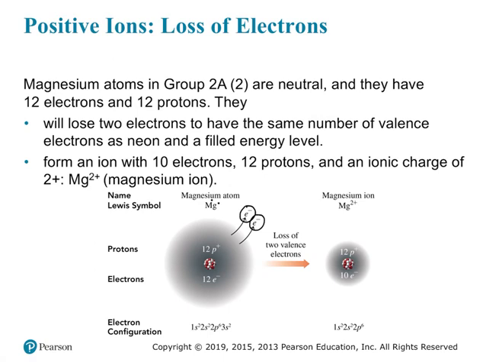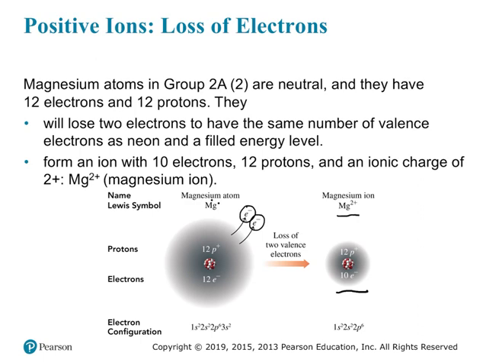And when it loses those 2 valence electrons, it ends up with only 10 electrons. But magnesium still has 12 protons, so its charge will be 2 plus. Now that's always going to be true for magnesium. It will always lose those 2 valence electrons to become like a noble gas.